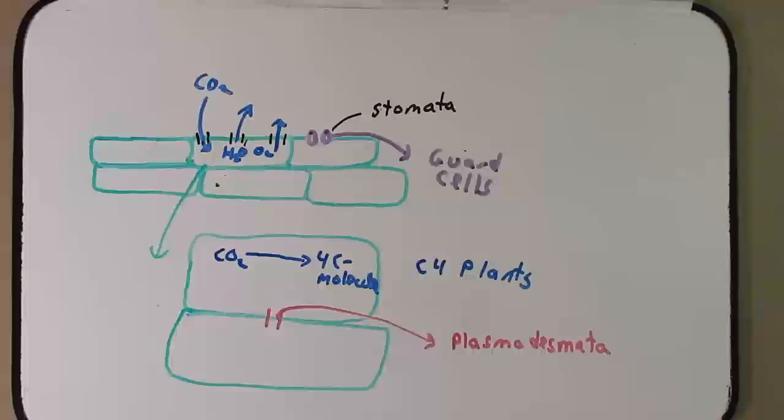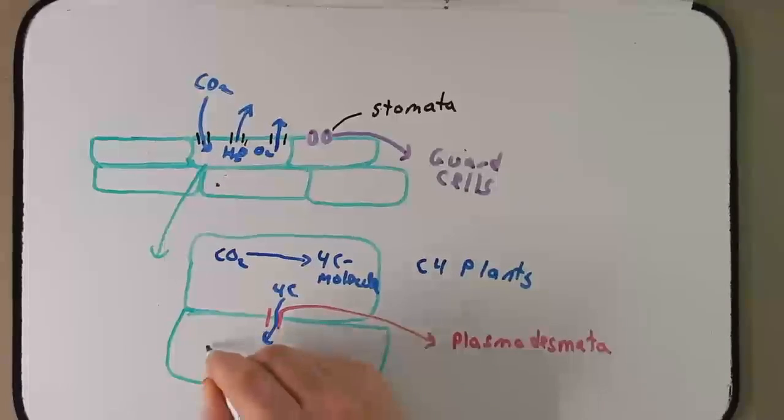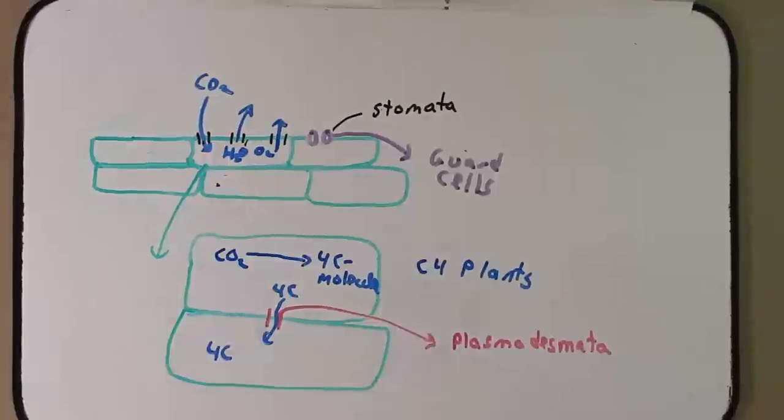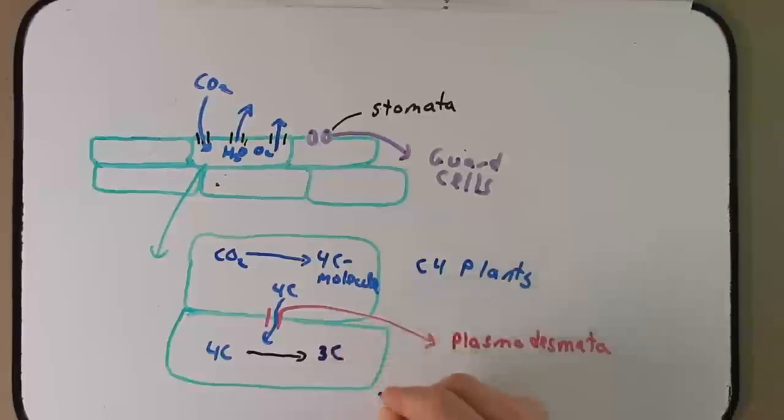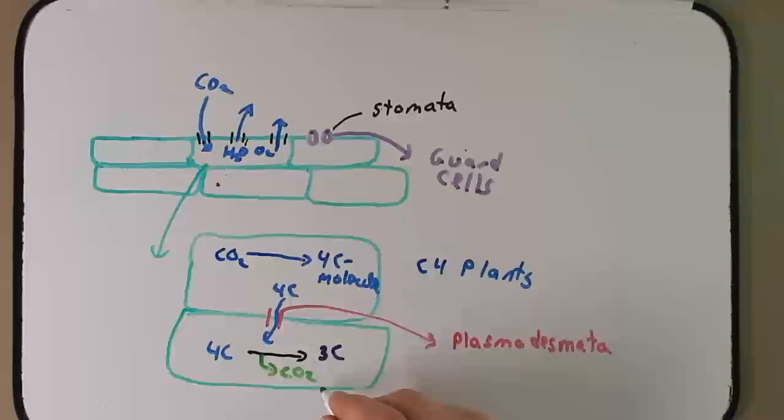And these 4-carbon molecules that are generated can now enter this cell. Once in this cell, it can create a 3-carbon molecule. But the best thing that it does, for the plant anyhow, is it releases CO2.